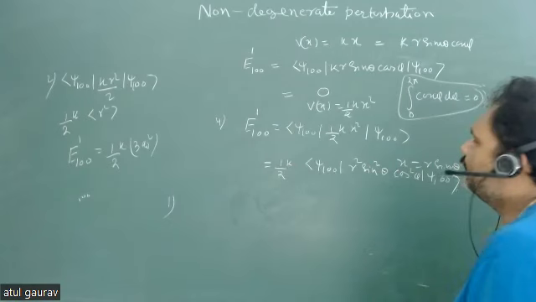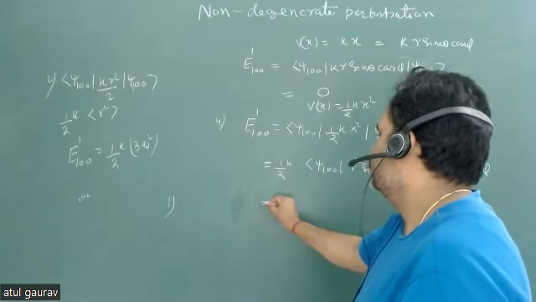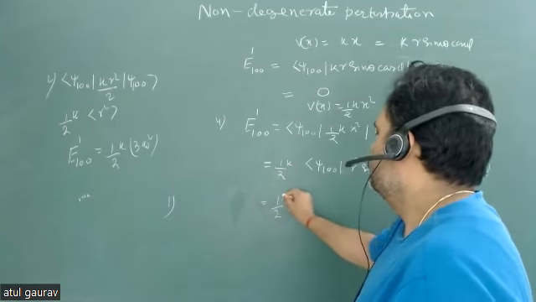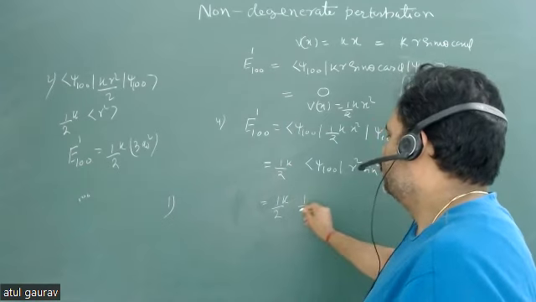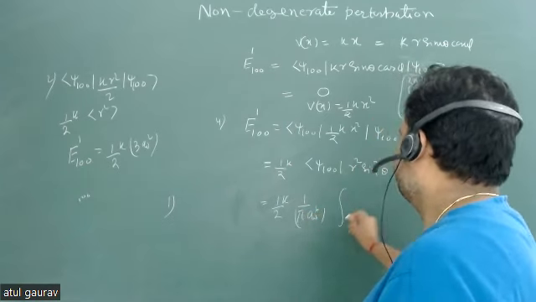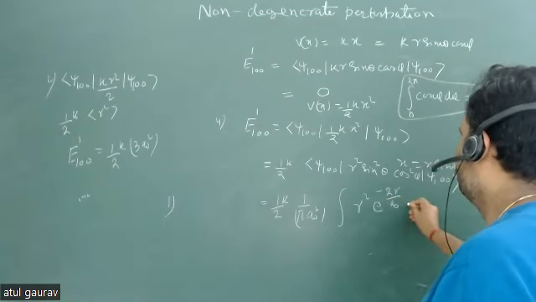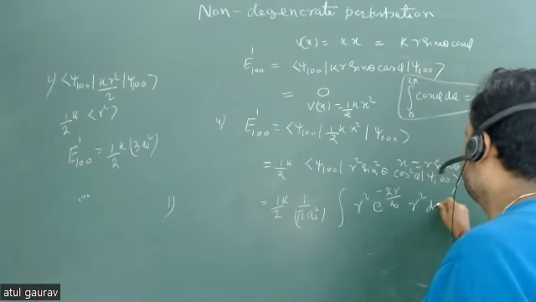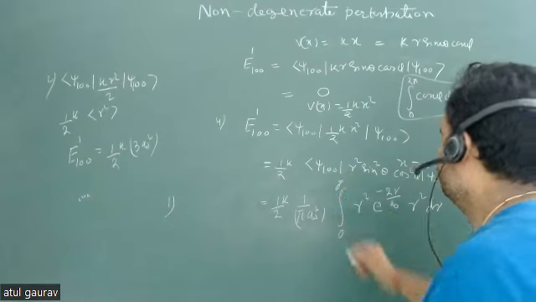If you open this in terms of integration, what will come? 1 upon half k 1 upon pi A naught cube integration r square e to the power minus 2r upon A naught r square dr. That value is 0 to infinity.